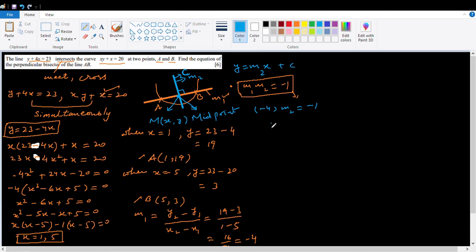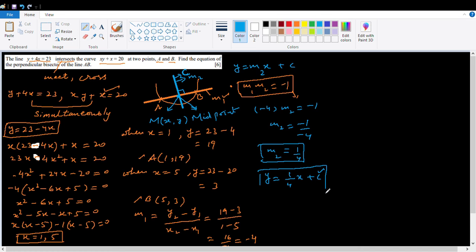So m2 equals -1 over -4, that is equal to 1 over 4. So m2 is 1 over 4. Now let's plug in this value in this equation. So y is equal to 1 over 4 x plus c. Now we have to work out the value of c.